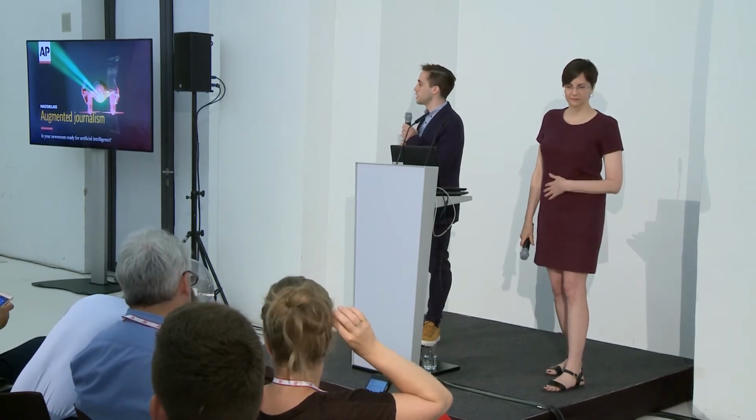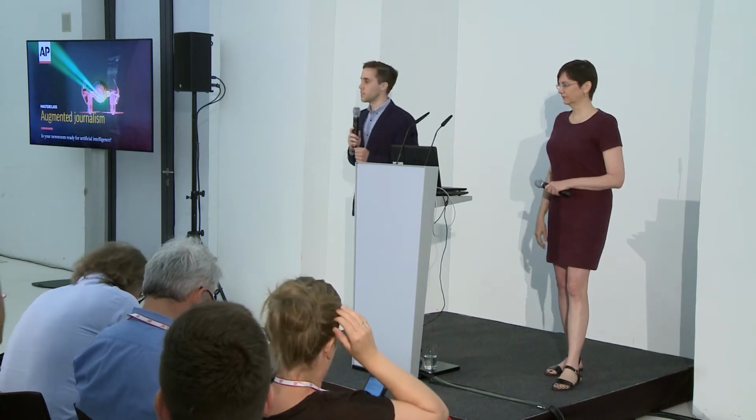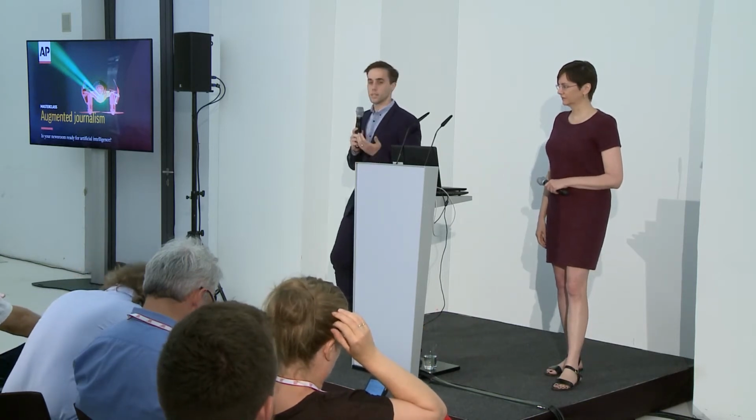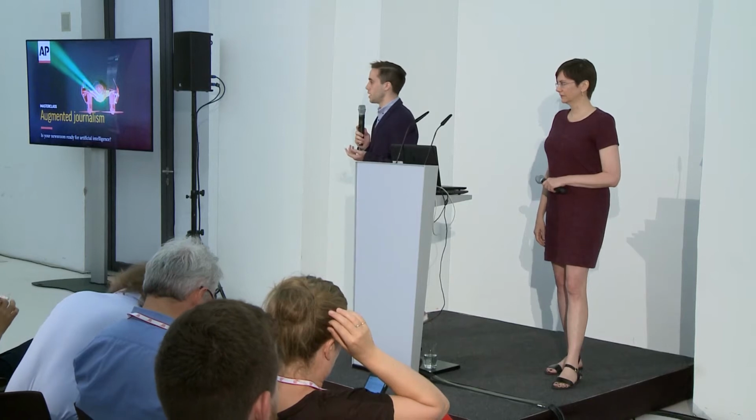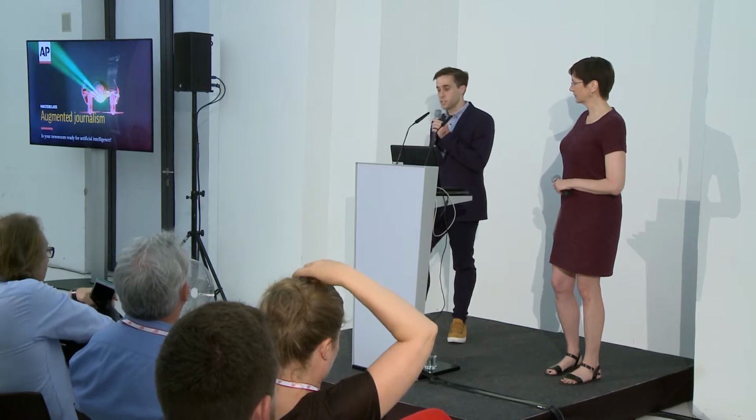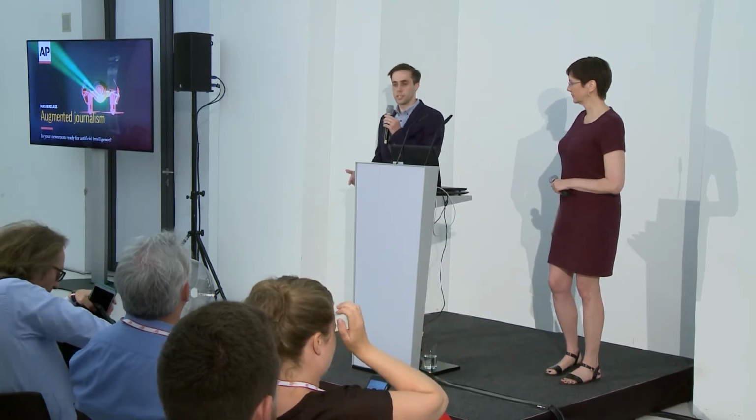Thank you for coming to AP's masterclass on artificial intelligence in journalism. There have been a lot of interesting discussions during the conference about the topic, about the technology specifically. So what we want to do today is guide you through different examples and specific applications of AI in journalism.